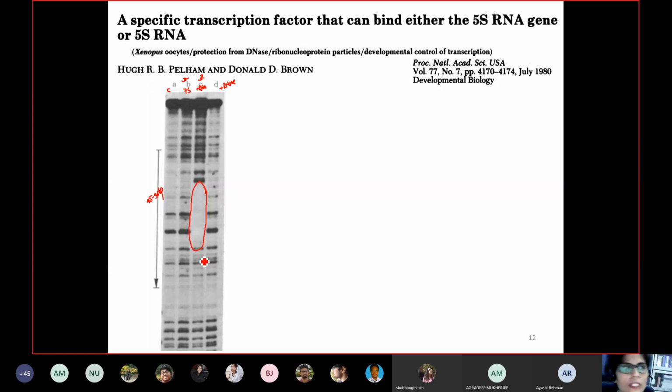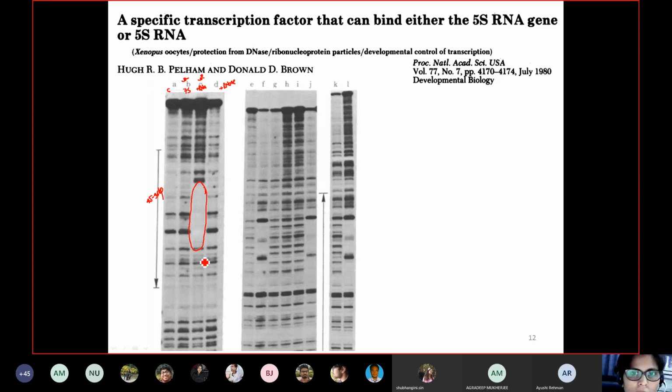Now the same kind of assays they performed with the 42S RNP molecule. So with the 42S molecule, I will show you here. This is again the 5S particle. Then what you have here in lane F, you have 7S with your RNase molecule. Then you have 42S, then 42S with RNase.